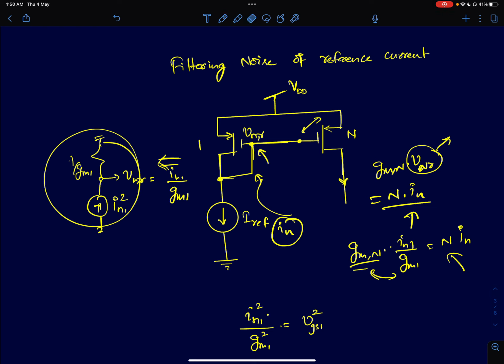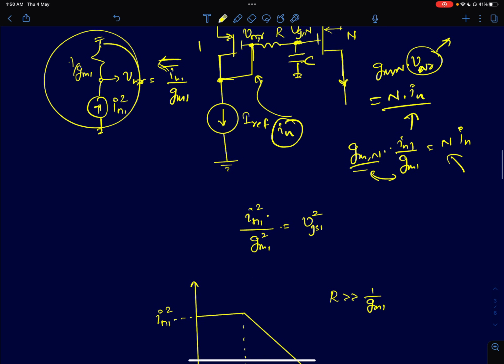So what I need to do is that I know that I have access to the noise voltage at this gate terminal. So all I need to do to filter out that noise is just put an RC filter in the signal path. If I just add an RC filter here, then the gate voltage of the mirroring device, let's call it VGN, previously was the same as the reference device, but now it's a filtered version of the reference device.